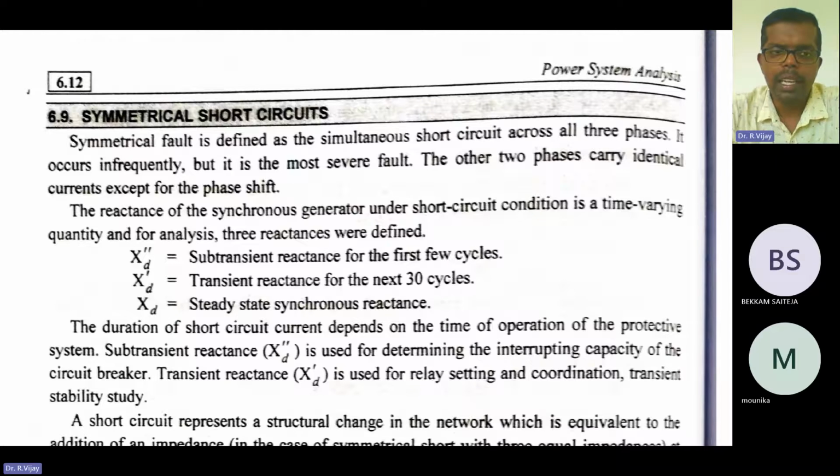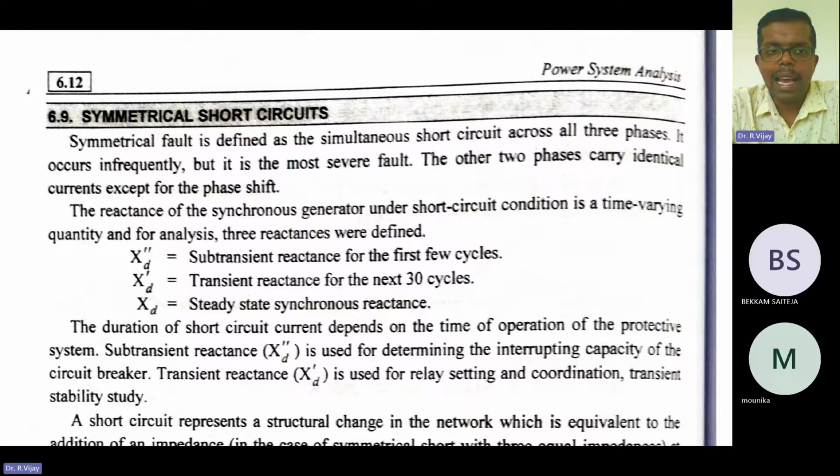So it is one of the most severe faults. It may happen once in a blue moon. But if it happens, we need to rectify the fault, and the time taken to rectify it will be somewhat more when compared to a normal line to ground fault.